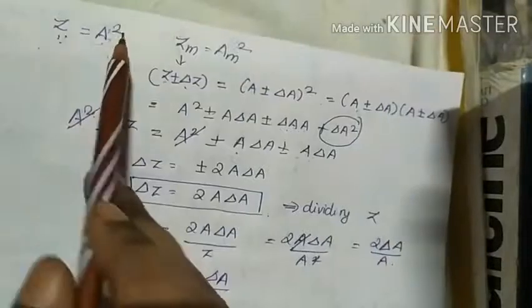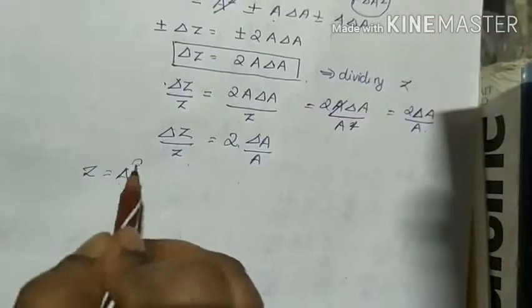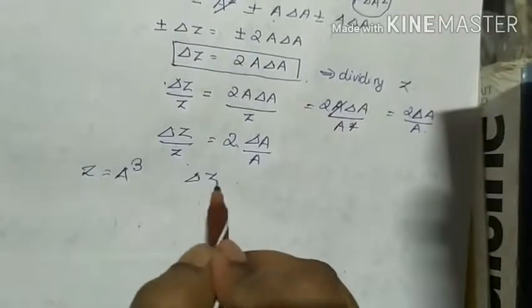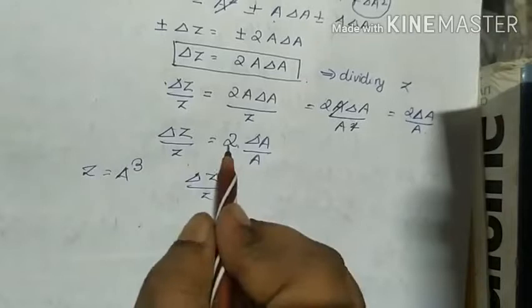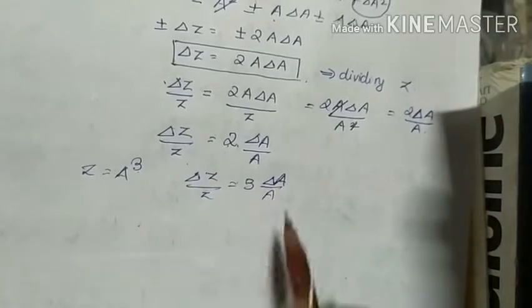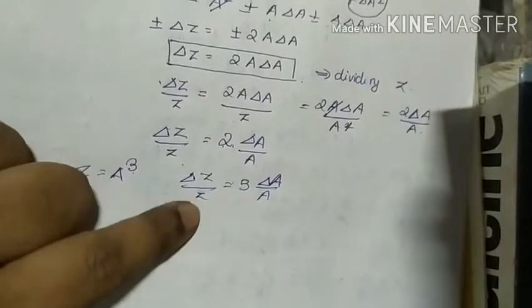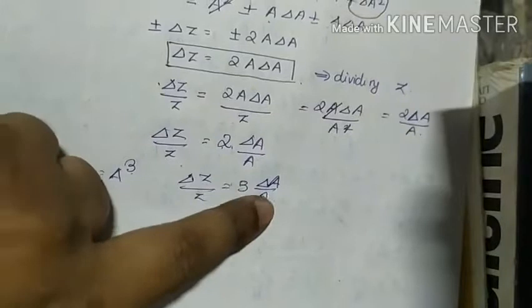So if the question had been z is equal to a cube, then delta z by z will be equal to, in place of 2, it will be 3 delta a by a. Clear? If it had been 4, it will be delta z by z is equal to 4 into delta a by a.